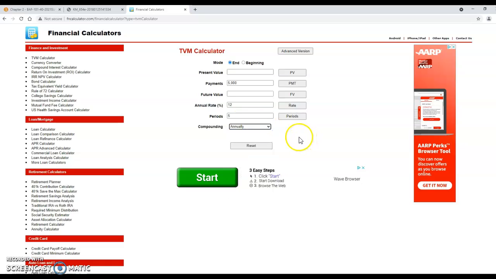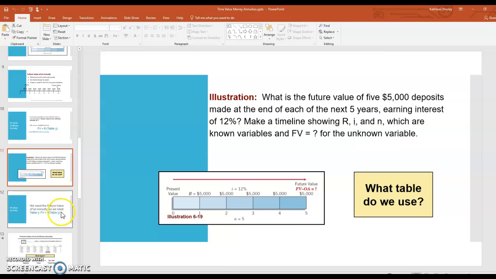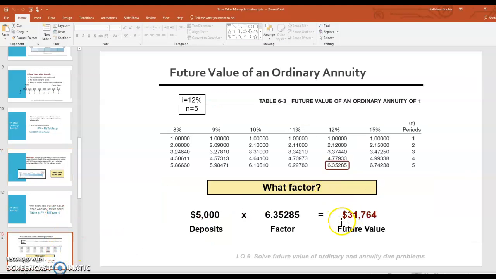Compounding was annually, and what we want is the future value, so we press that button. Then we get 31,764. Again, you ignore the negative sign. 31,764. And we see here that that is what we calculated using the table.